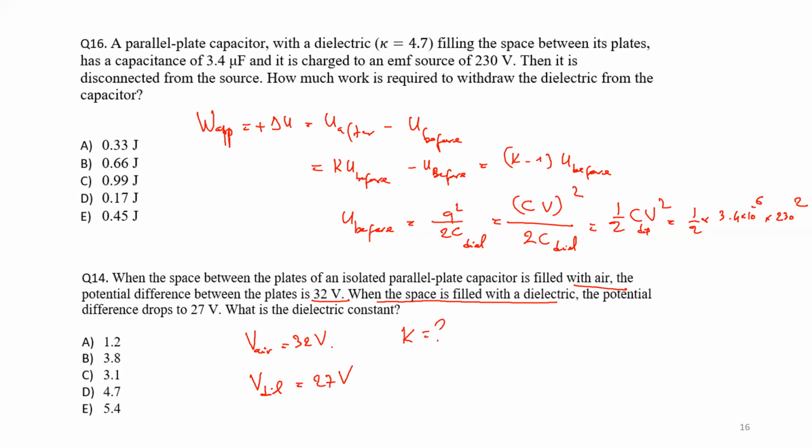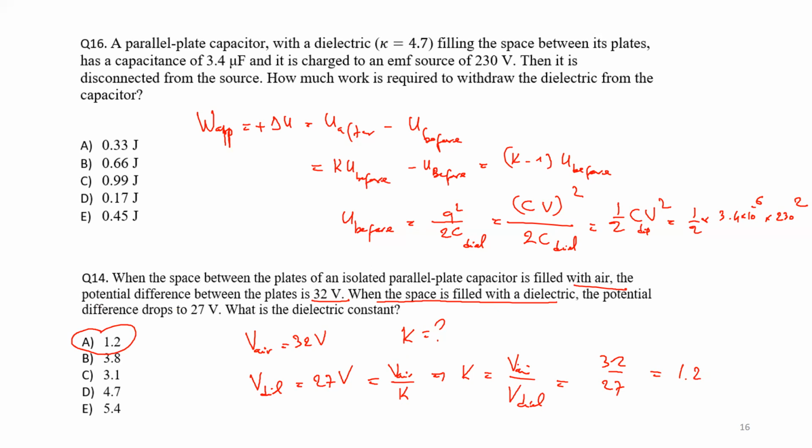As I told you, V dielectric will be just VA divided by kappa. So kappa is VA divided by V dielectric, which is 32 divided by 27. This gives you 1.2.